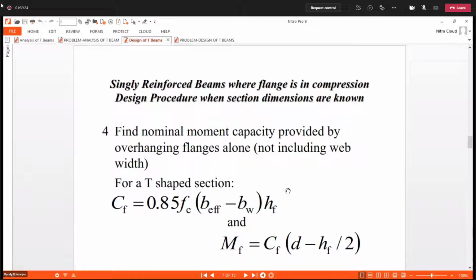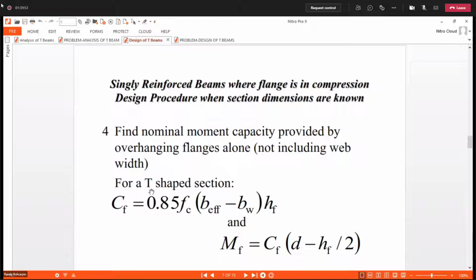Ito yung step 4. So, we will consider now our section as a T-beam, having now your Cf, the compressive force in the flange, equal to this formula. And then Mf, ito yung formula natin. So, tandaan natin, we only consider here yung flange.